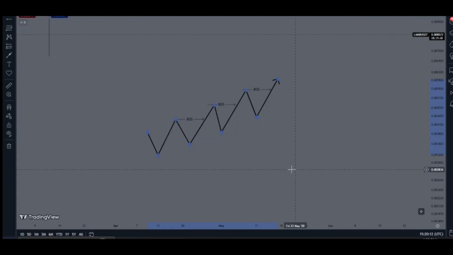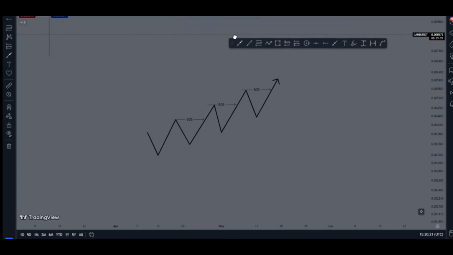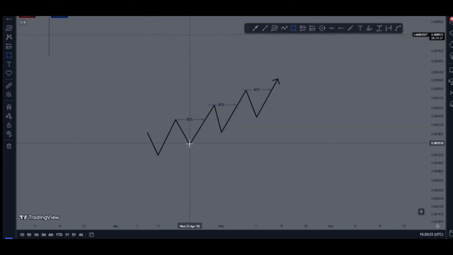Let me show you. The last bearish candle will be your demand zone.